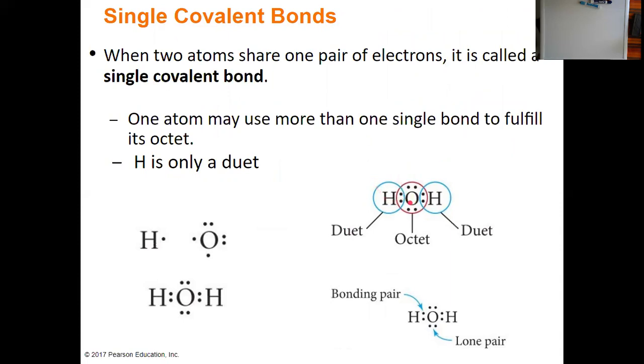So oxygen here is using 2 single bonds, which is 4 electrons, plus its non-bonding pairs, which is also 4 electrons. That gives oxygen an octet. Hydrogen only needs a duet. This is, I guess, the slide where I mention it. So the one bond that hydrogen forms between itself and oxygen is enough to fill its requirement for its valence electrons.